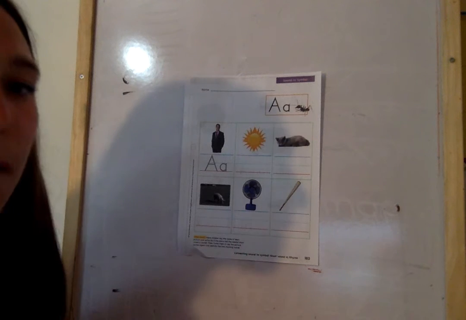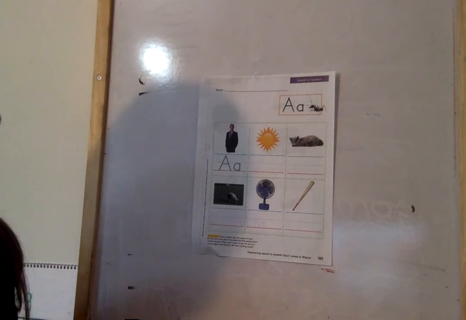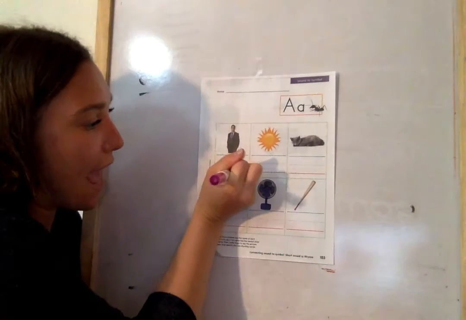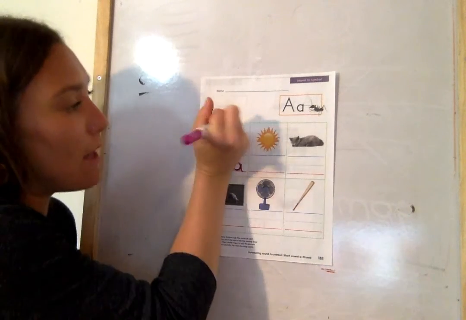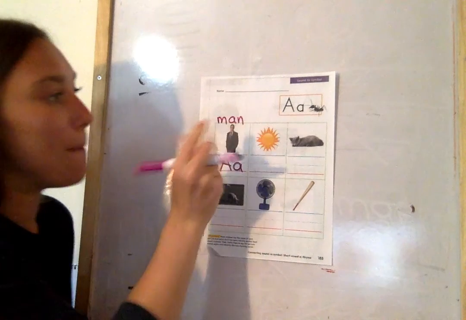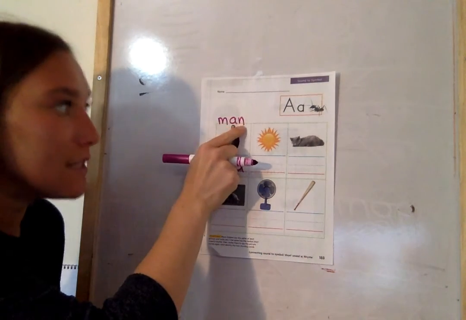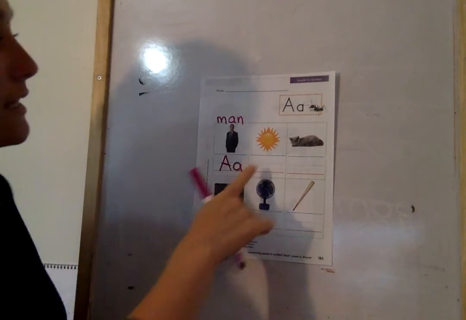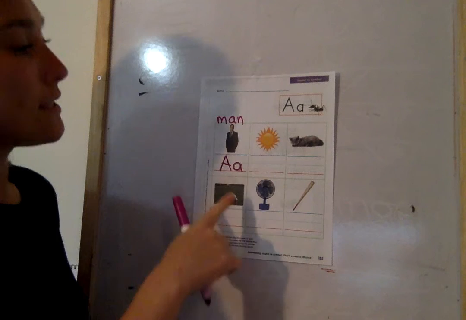Do we hear an A in man? So they did this one for us, and there is an A in man. I'm going to spell man up here. M-A-N. All right. The next word is sun.